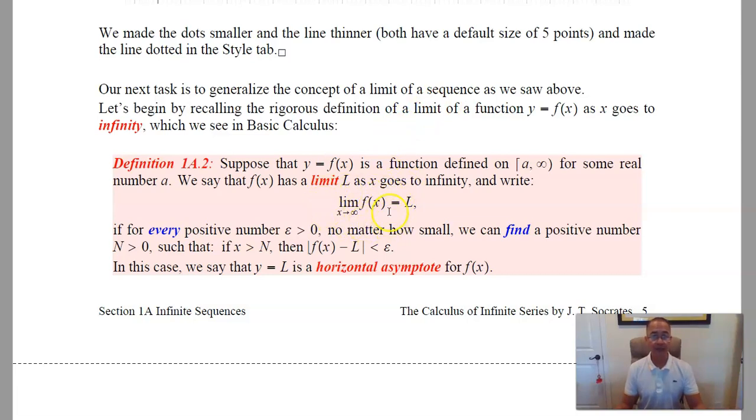We have seen this symbol before in previous videos. Remember, we talked about horizontal asymptotes for exponential functions.